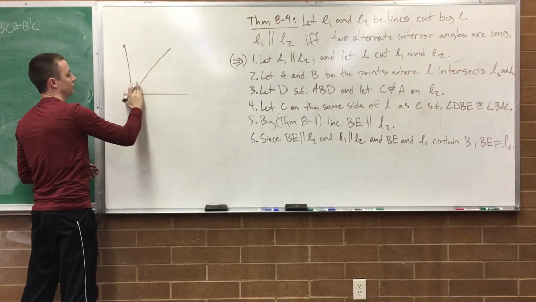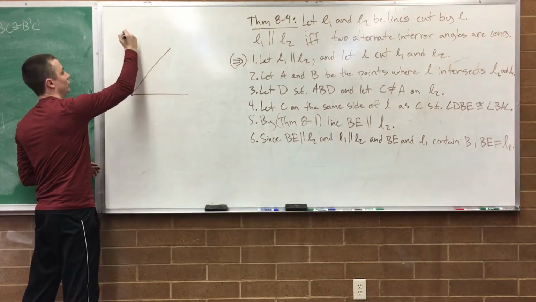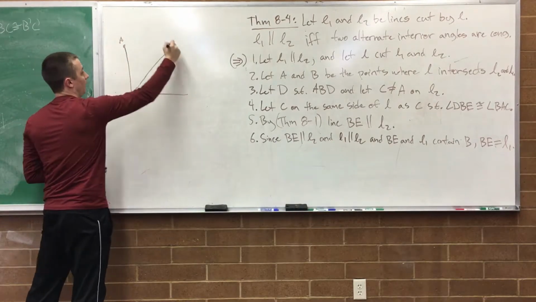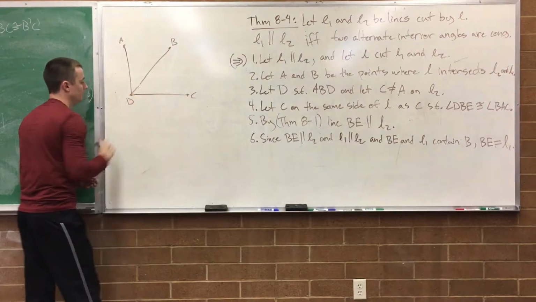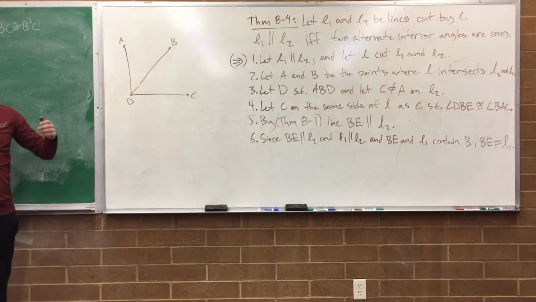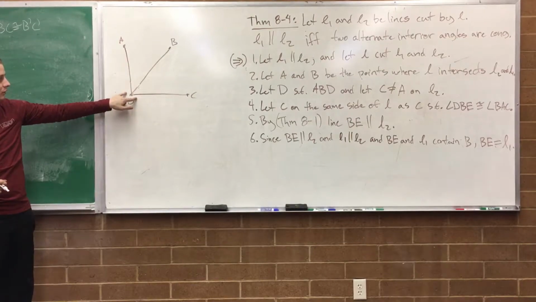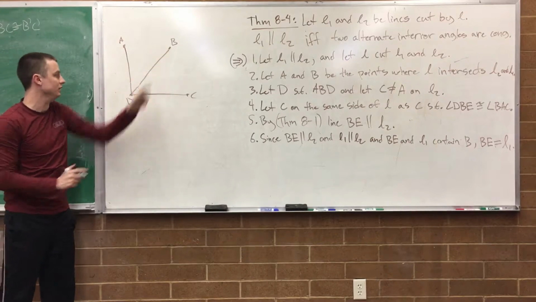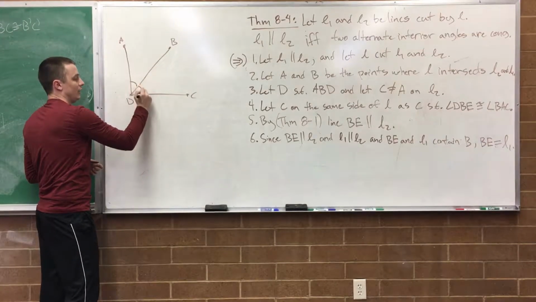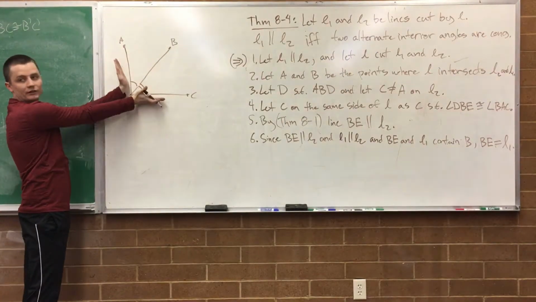I'm going to need to actually do points. A, B, C, D. I can just type it. We talk about the sum of angle ADB. The sum of this angle and this angle is this angle.